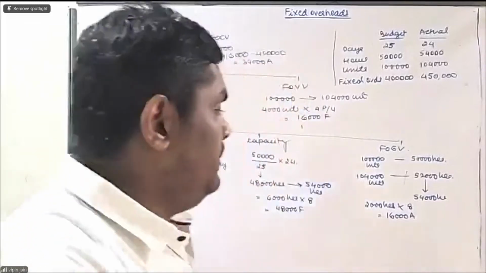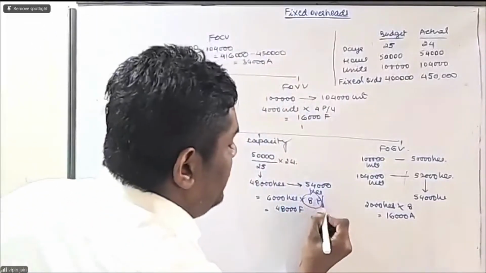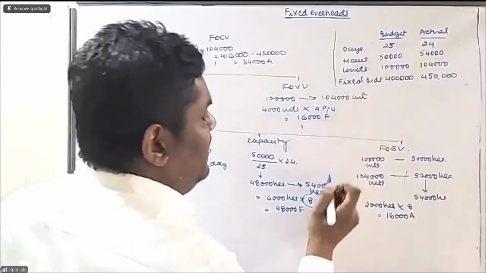Nitin Prajapati, how come 8? So it is 8 per hour. So 4 lakh divided by 50,000 hours.